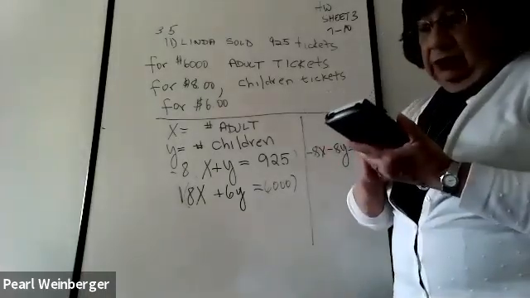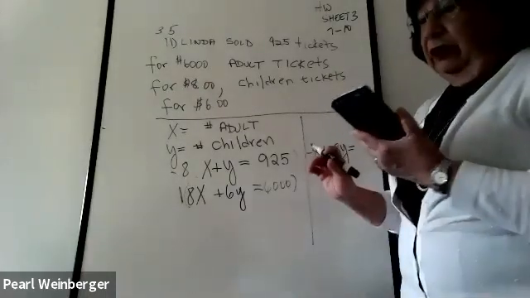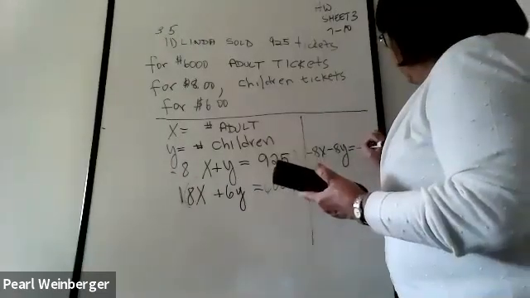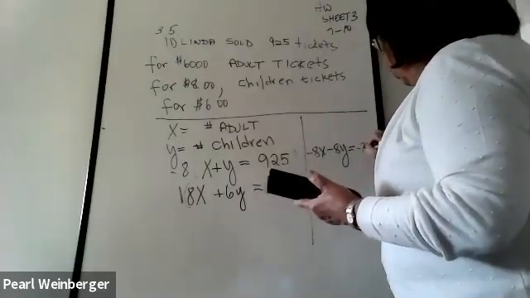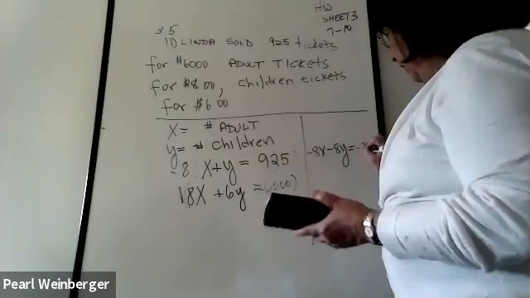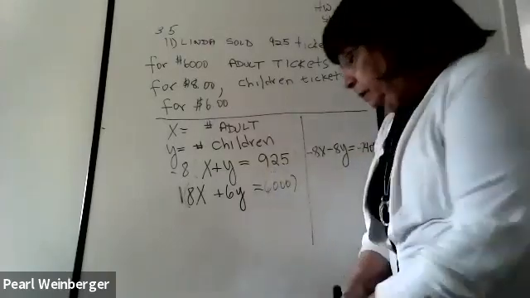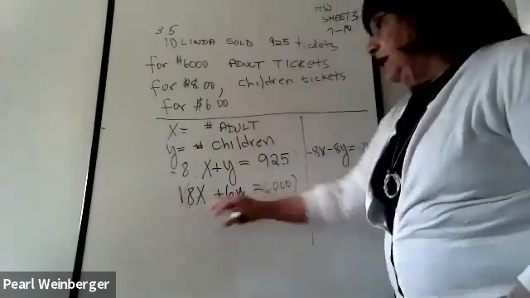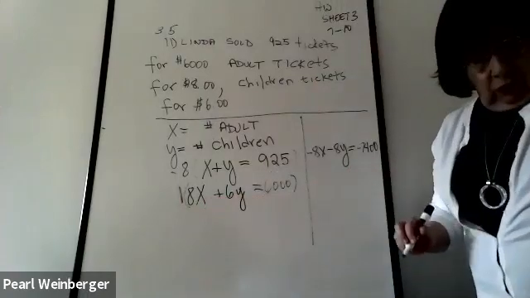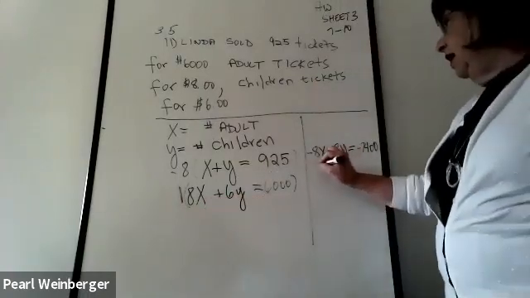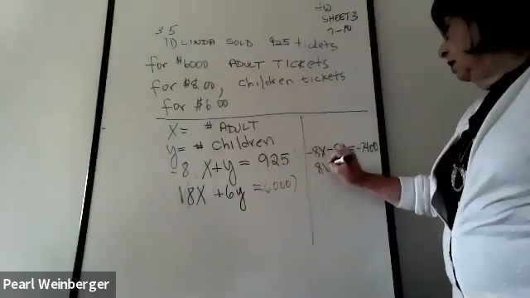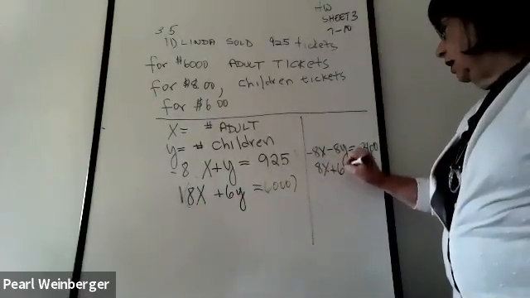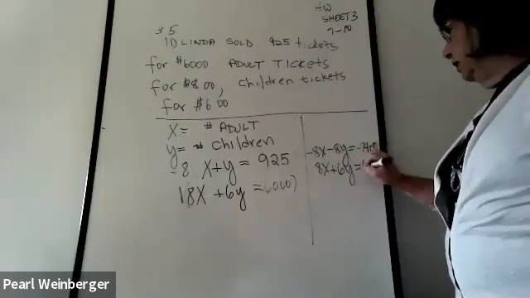Negative 8 times 925 gives me negative 7,400. Remember, we're multiplying the bottom equation by 1, so it'll stay 8x plus 6y equals 6,000.